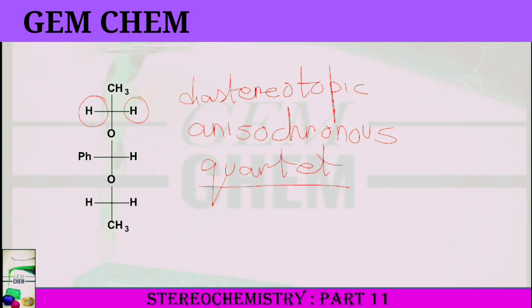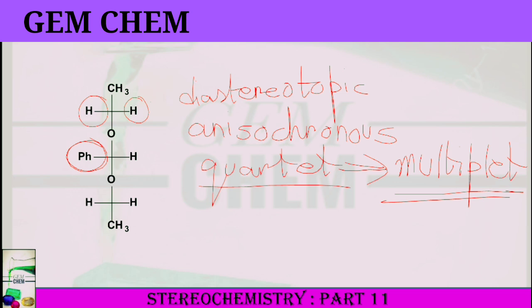But since there is a presence of Ph here, there can be formation of a multiplet, a complex structure in the NMR spectra. When we are talking about the CH3 present here, that is this one or this one, then there is formation of a multiplet. One signal divides into 2, and that signal further divides into 2 more. So here also a quartet is observed, but for this CH3 and this CH3.